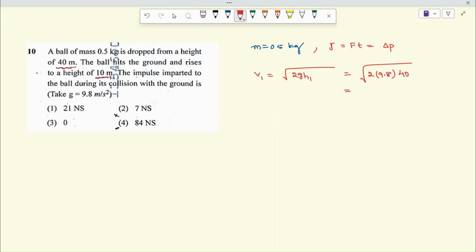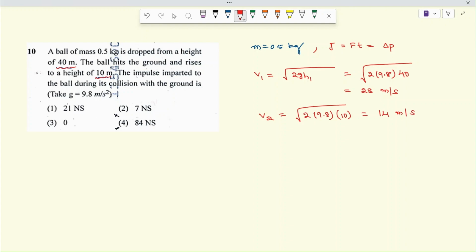So how much is this? 2 into 9.8 is 19.6, into 40. So 196 into 4, which is 14 into 2, 28 meters per second. Similarly V2, it is rising to 10 meter height, so root of 2 into g into h2, 2 into 9.8 into 10. How much is this? 14.